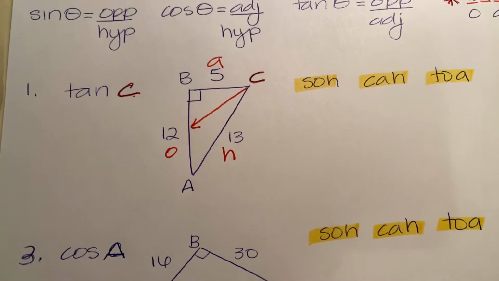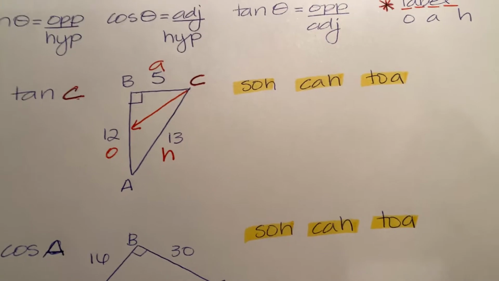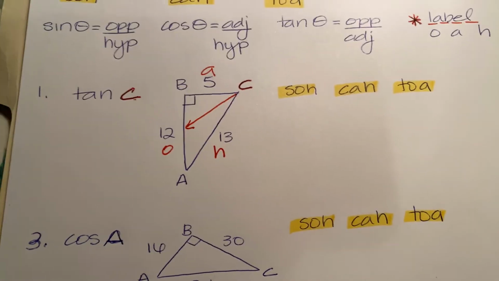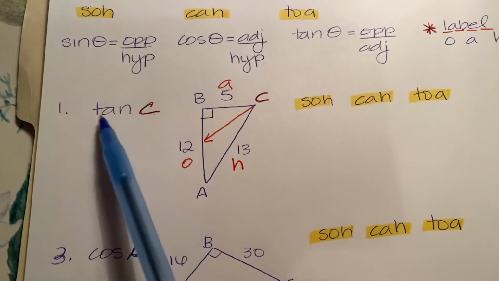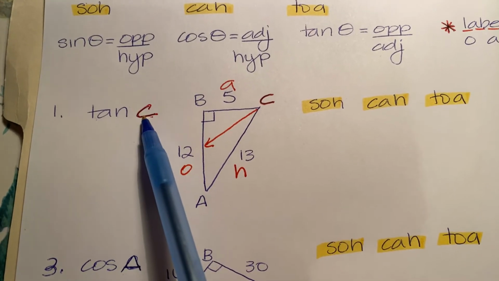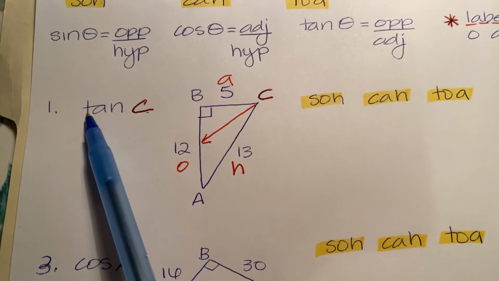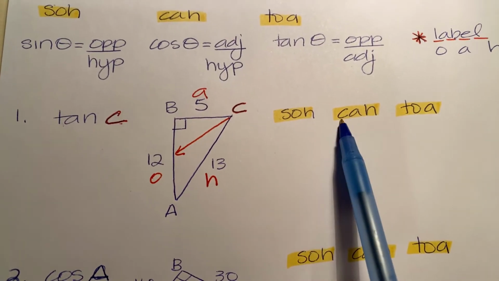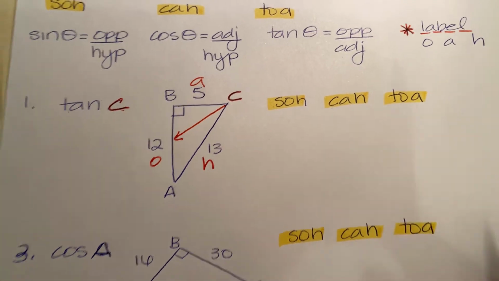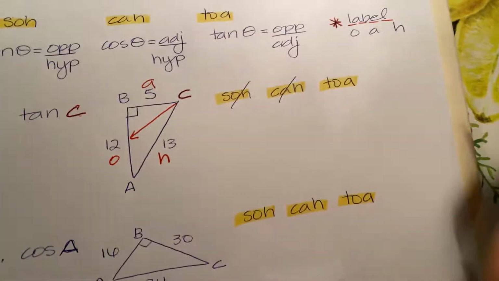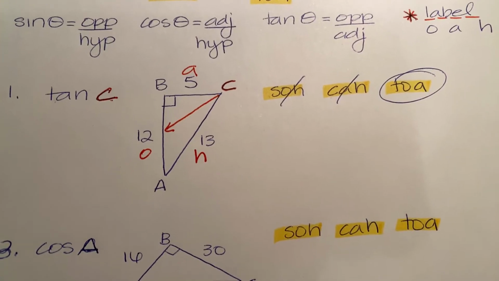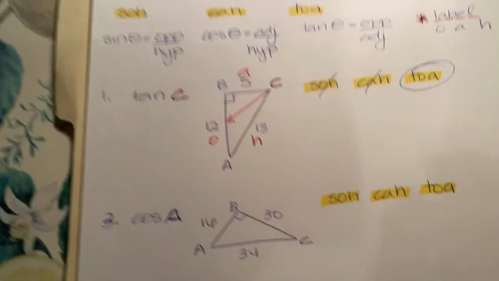Now you look at SOH CAH TOA. They're asking for tangent of angle C. Tangent starts with the letter T, so I do not want sine, I do not want cosine, I want tangent. This is the winner, TOA.